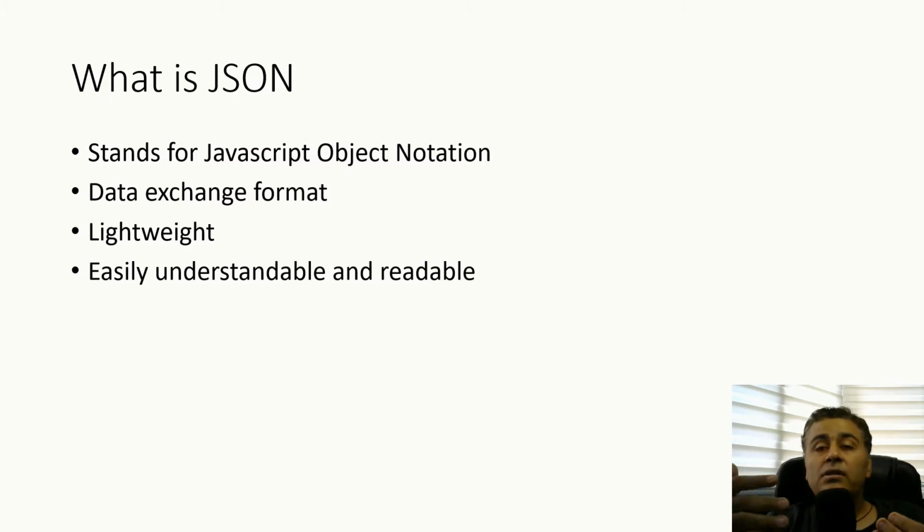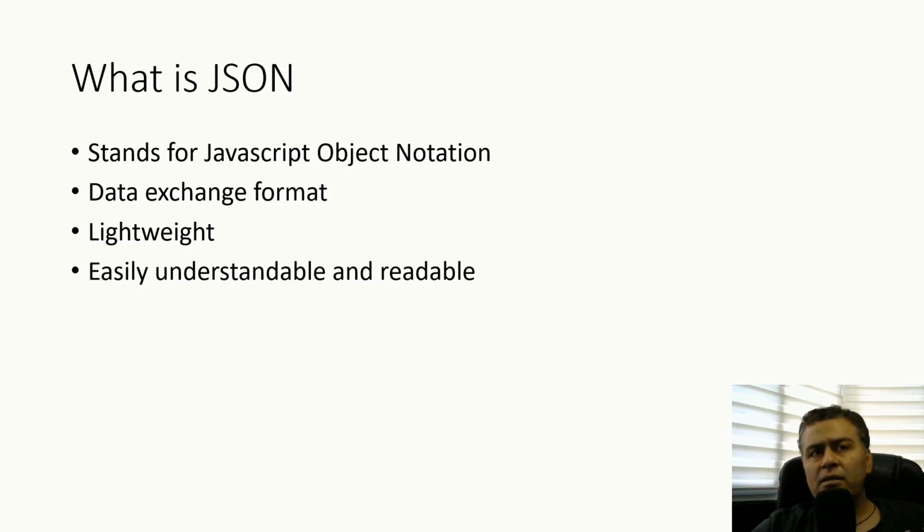So how do we define whether it is a table, whether it contains a single line, or whether it contains multiple fields? That is what this JSON format defines. It is very easily readable and understandable, and we'll see that once we start working with examples. As of now, it is quite lightweight and easily understandable.